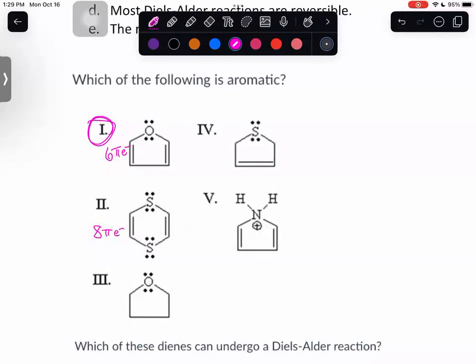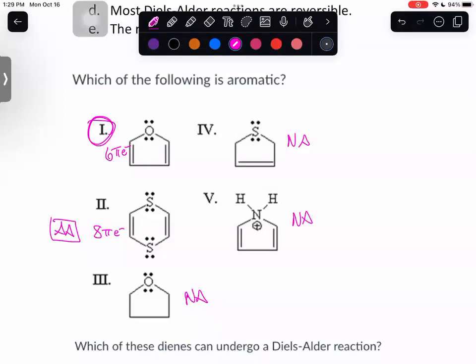If I have 8 pi electrons, what kind of molecule do I have? It's anti-aromatic. What kind of system is molecule 3? That's cyclic, just non-aromatic. Molecule 4, non-aromatic. And then molecule 5. It's non-aromatic, actually.